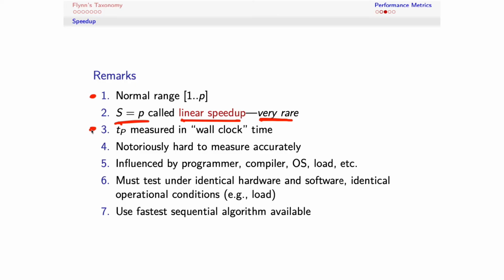As I mentioned, we're going to measure the performance in wall clock time, and there's some subtleties to that. It's hard to measure. It's also influenced by a whole variety of other kind of non-objective factors. Did you have a good implementation of the algorithm? Did you choose the right algorithm? What did the compiler do?